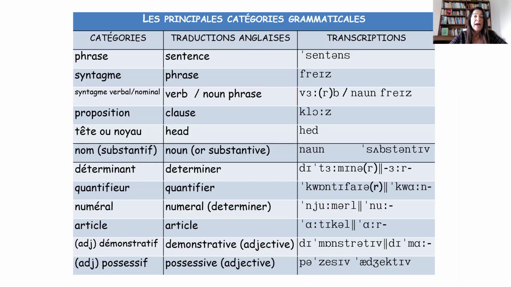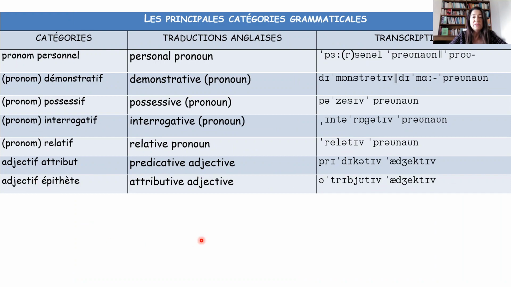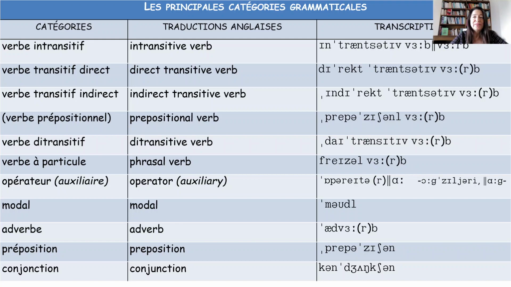Which is why we have already worked on a general presentation, a general overview of the main grammar categories as regards sentences in general, or the noun phrase, and also pronouns, and also verbs. So that is the part we want to focus on more, because as you remember, there are different kinds of verbs.